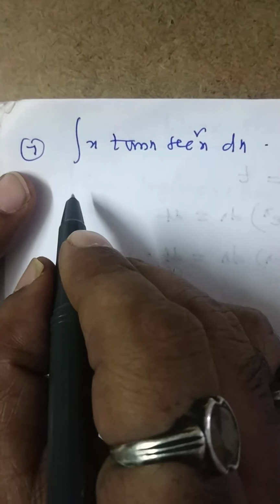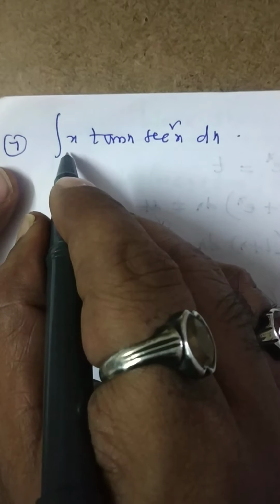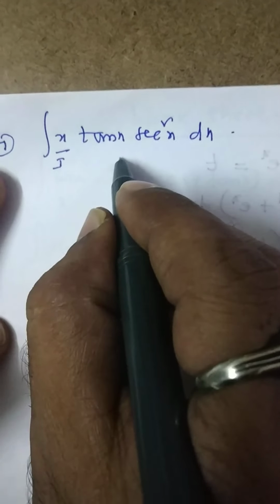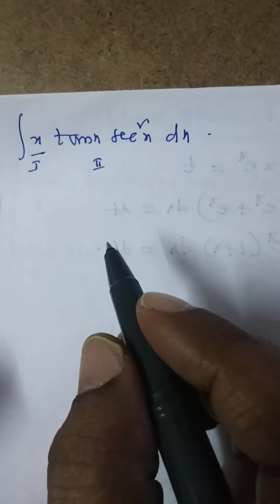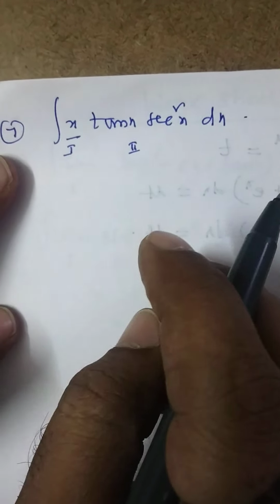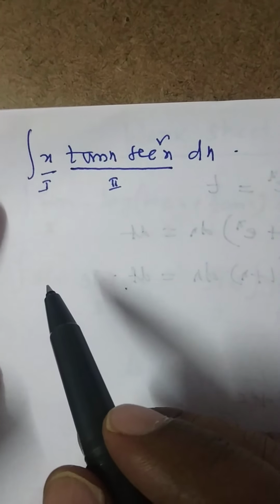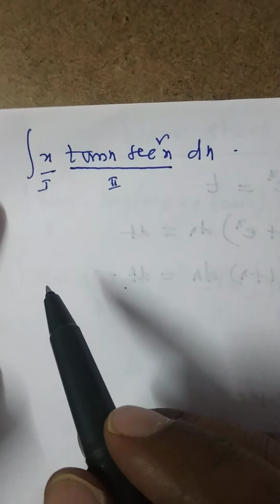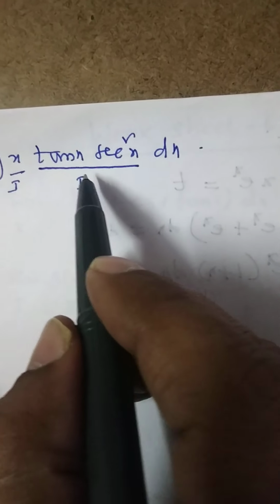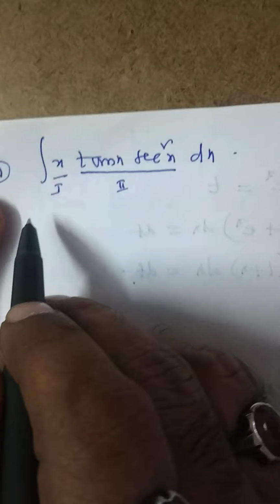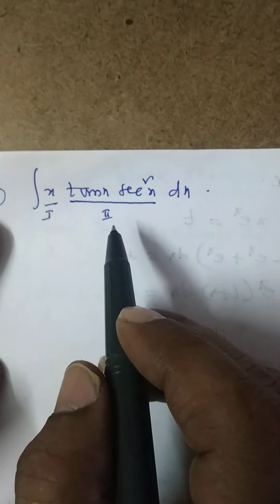Here also, again I am taking this as the first function and this as the second function. Simply, just like the previous problem, you can simplify it. First you try to calculate the integration of this by considering tan x as t. Here put tan x as t. First you find the integration of this, then automatically, just like problem number 6, you are going to get this one also very easily, it's not a problem.